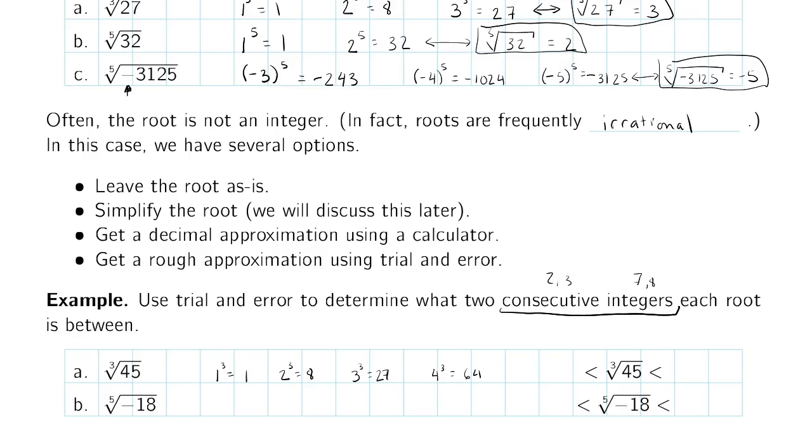And 45 is between those: 27 is less than 45 is less than 64. So that tells me that the number whose third power gives me 45 has to be between the number whose third power gives me 27, that's 3, and the number whose third power gives me 64, that's 4. The third root of 45 has to be between 3 and 4.